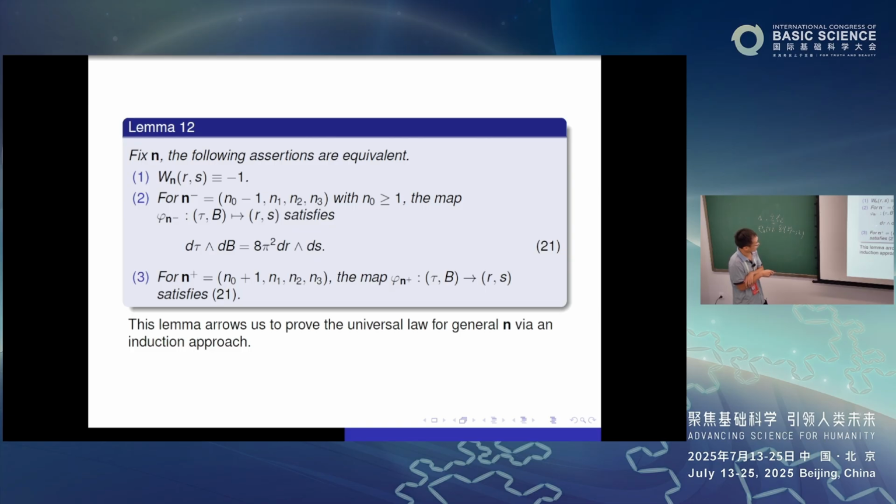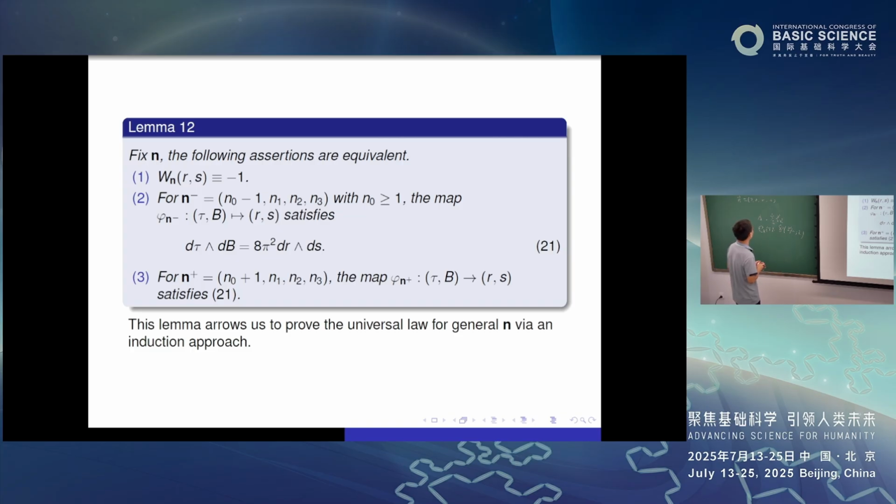So this means 2 and 3 are equivalent. We already computed these two cases where the universal law holds. So by this lemma, 2 and 3 are equivalent.